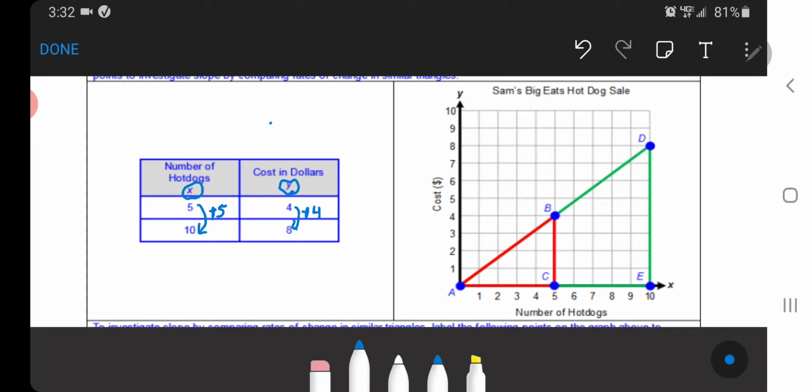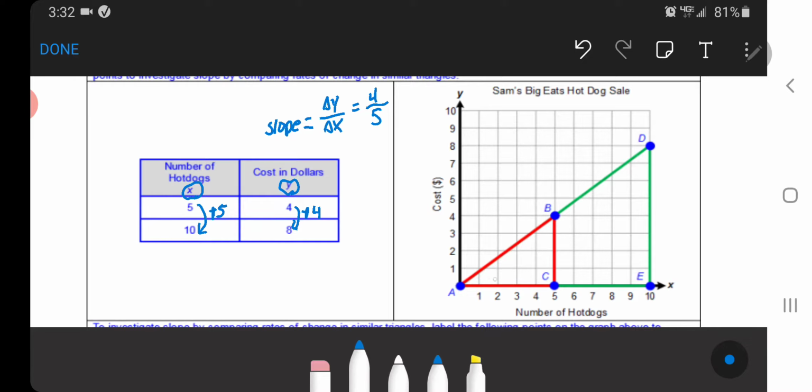So if we went with slope equals change in y over the change in x, the change in y is that positive 4 value, so 4, over that change in x, which is 5. So our slope here would be 4 over 5. And it's already simplified for us, so that is what we have.